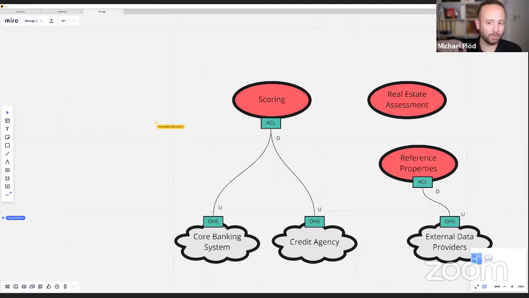The conformist is a very strong propagation of models. The anti-corruption layer isn't. Now, one question was, shouldn't we have an anti-corruption layer for every integration with an external system? I think that may be a good idea, yes, but it depends.